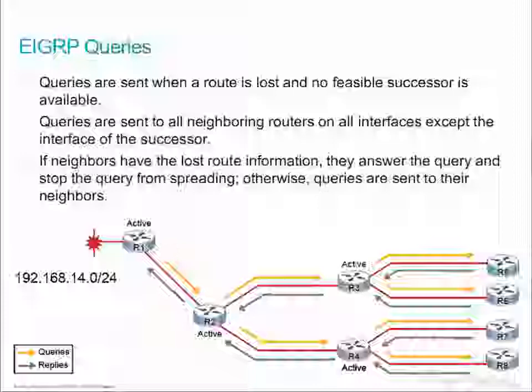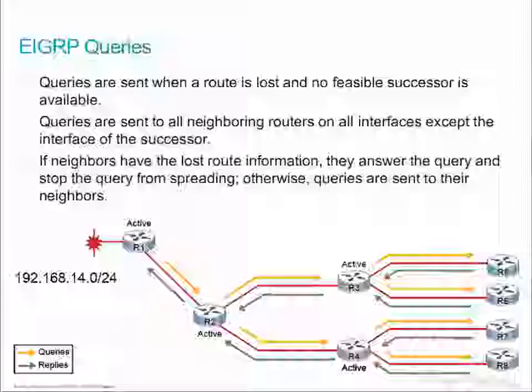We can see that from router 1's perspective. It lost the 14 subnet. Let's assume that the 14 subnet is just some network behind router 1. It's not directly connected, but we lost it. And so I query router 2 because it's one of my neighbors to say, hey, router 2, do you have a route to the 14 subnet?